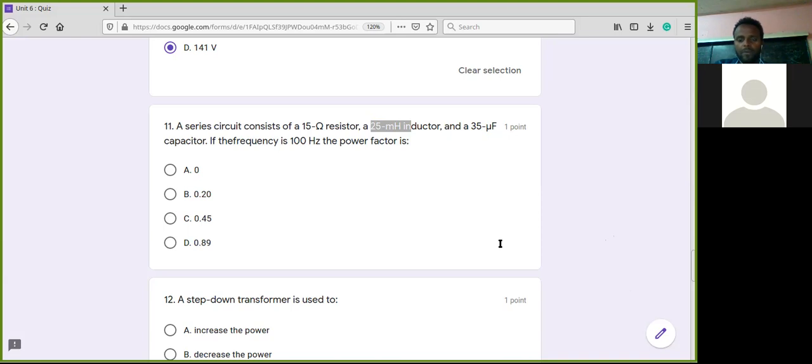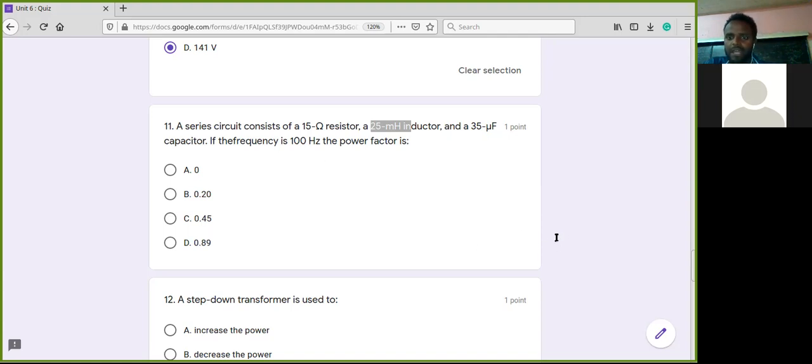So have you saved this number? I am calculating it. 4549.59 is XC. And let's calculate XL.